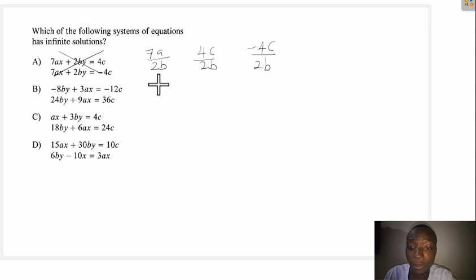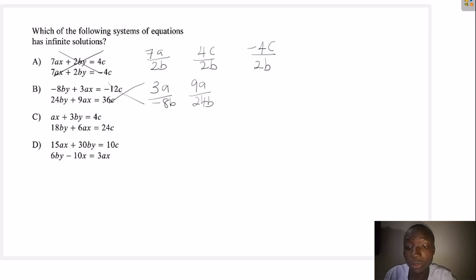So here we're going to have 3a over negative 8b for the first equation. We're going to have 9a over 24b for the second equation. So if you simplify this, you're going to have that the slopes are not equal, right? The slopes are not equal. So this actually has one solution. We're looking for the option that has infinitely many solutions.